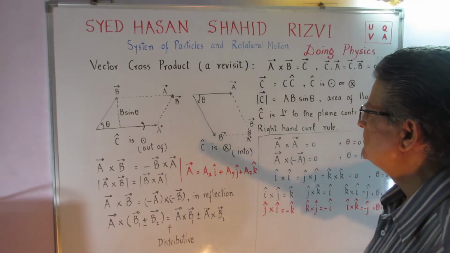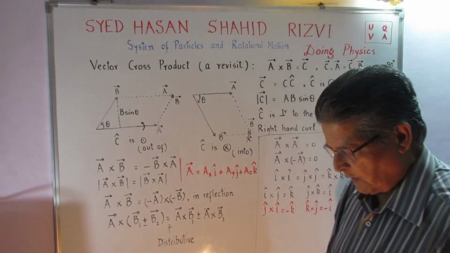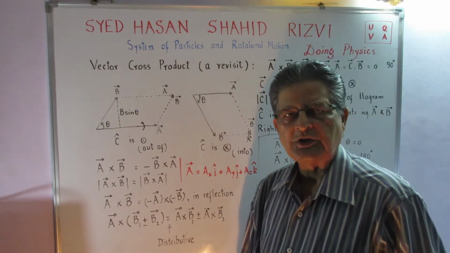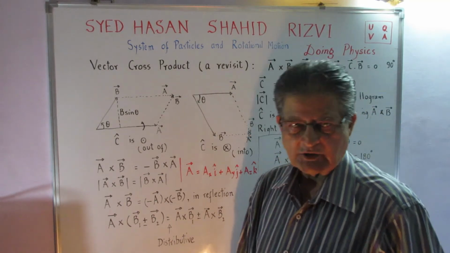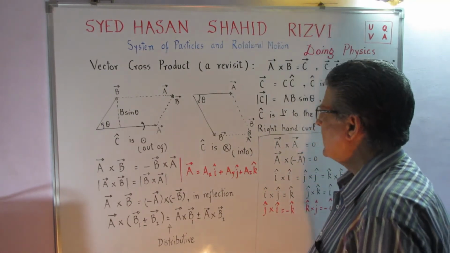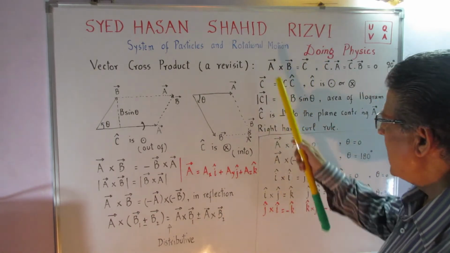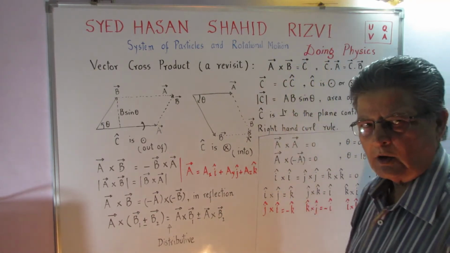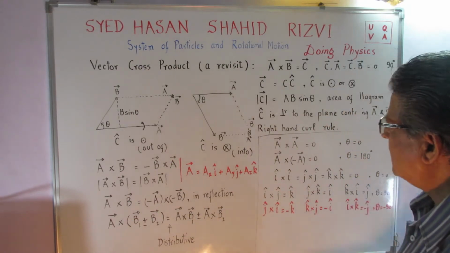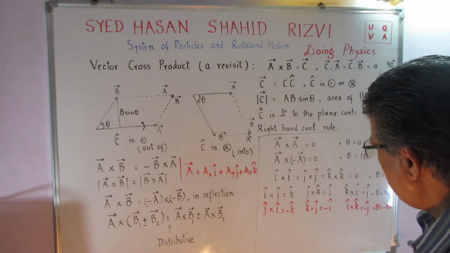Of course, in the cross product A cross B, we can have the two vectors A and B of the same kind, velocity, velocity, acceleration, acceleration, etc. Or we can have one of the vectors as R and the other P, or R and F. We'll use that, R cross P, R cross F, etc., in due course of time.